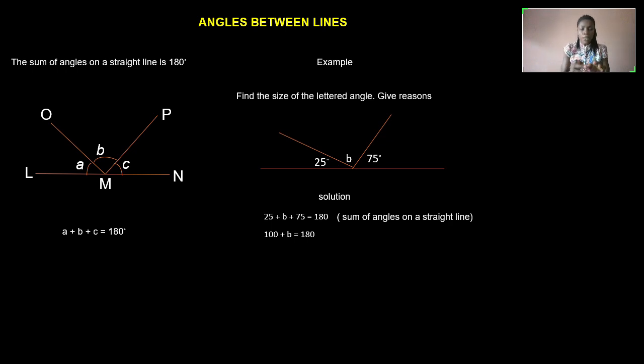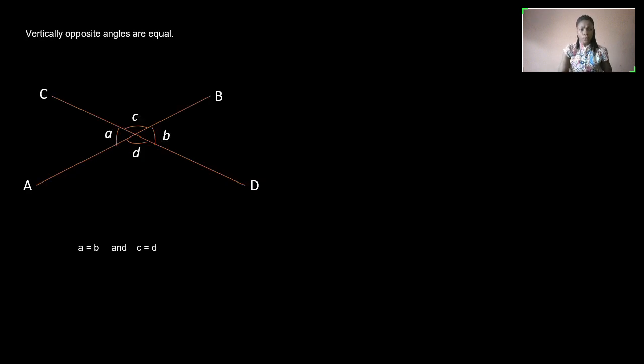And once it passes the equality sign, it will become negative. So we are going to have B equals to 180 minus 100. And our final answer for B is B equals to 80. We have gotten the lettered angle, which is B, as 80. So let's move into the next one.